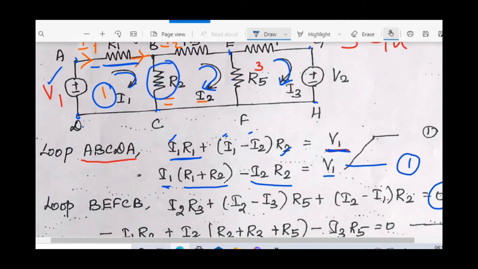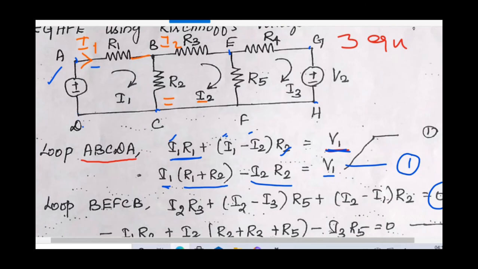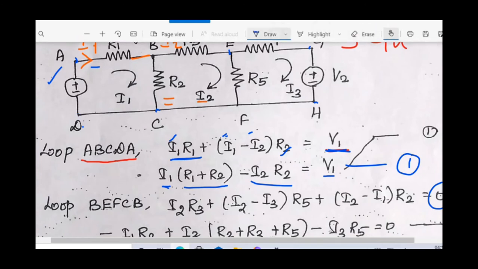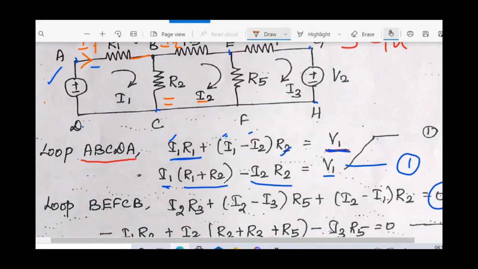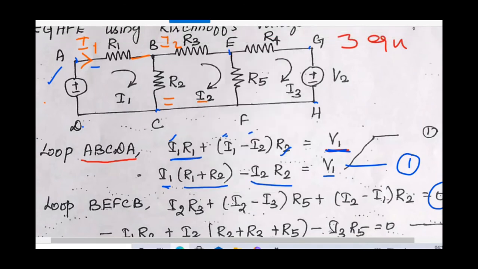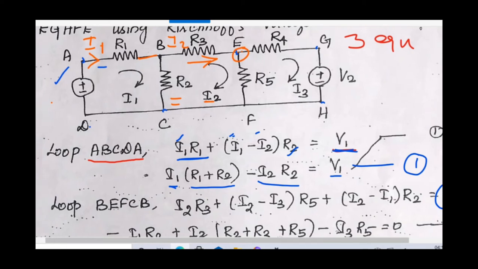Now consider the loop equation for loop 2. According to this loop equation, here we have a current I3. Here the current I2 through R3. Here in E, the current again differs.